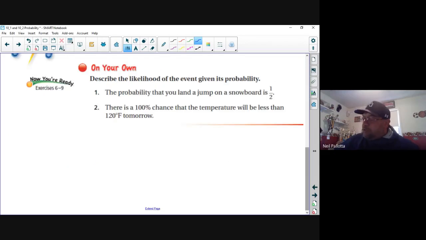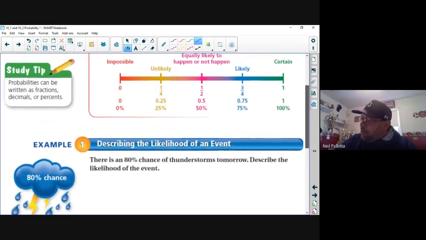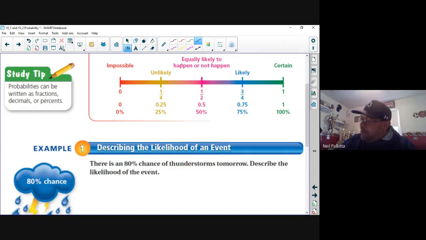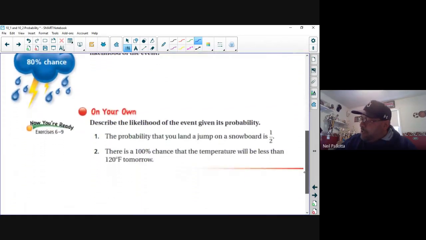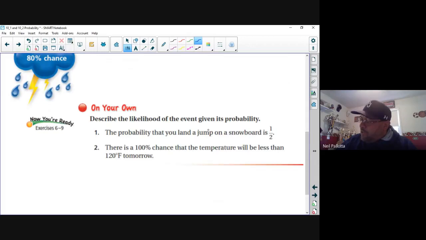If we look at these 2 questions here, question 1, the probability that you land a jump on a snowboard is 1/2. Describe the likelihood. Well, 1/2 would be equally likely to happen or to not happen. So it would be equally likely that you land a jump as to not land the jump.